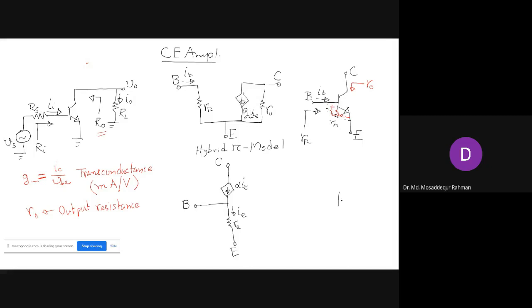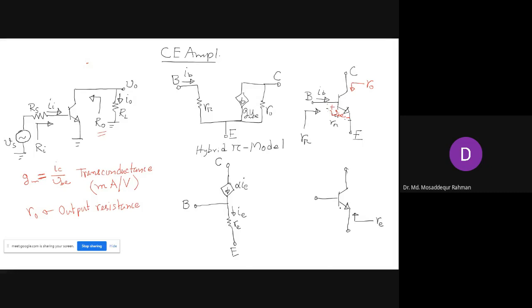If I draw the same transistor here, looking from the emitter side, looking into the emitter, the resistance that we see is RE.